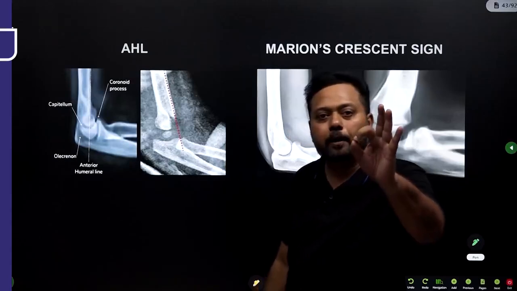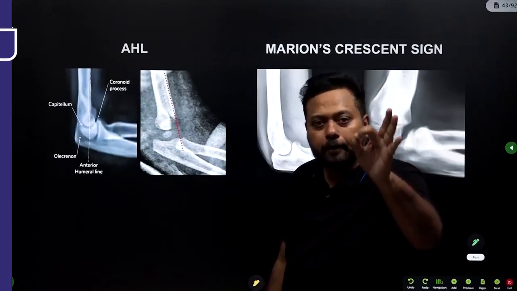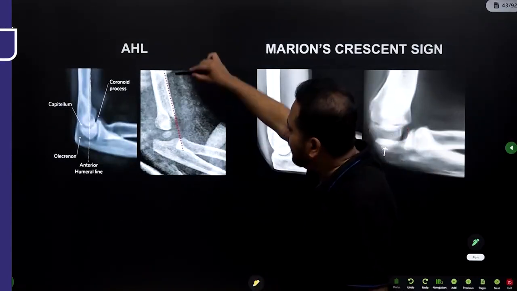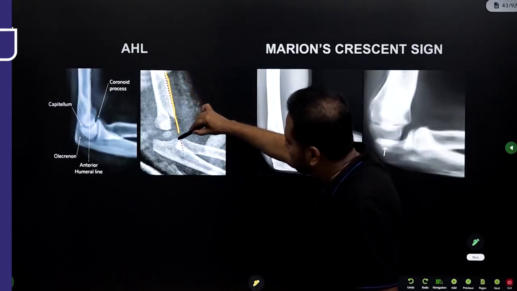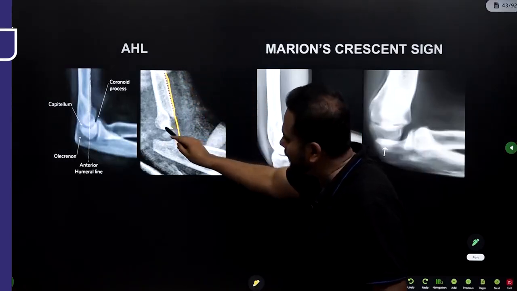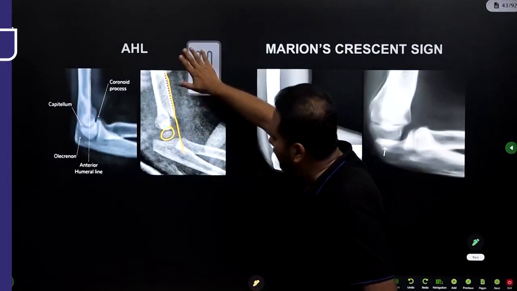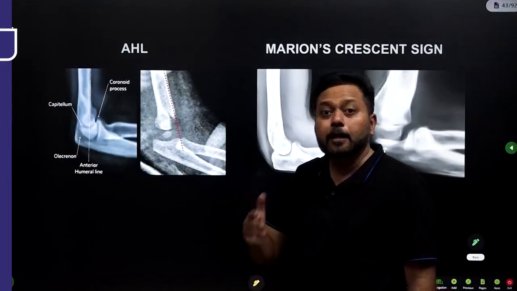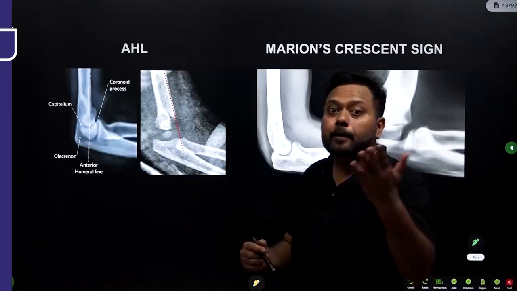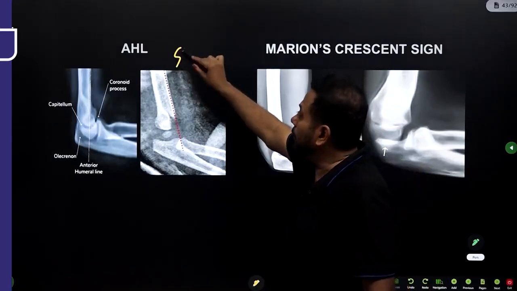That is normal. When supracondylar fracture happens, when I draw a line on the anterior aspect of the humerus, it is nowhere near the capitulum. You see the capitulum is here, but the line is nowhere near it. Then it's called anterior humeral line not cutting the capitulum. It is seen in supracondylar fracture.